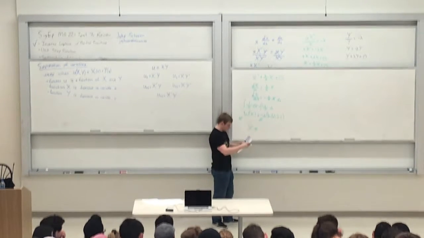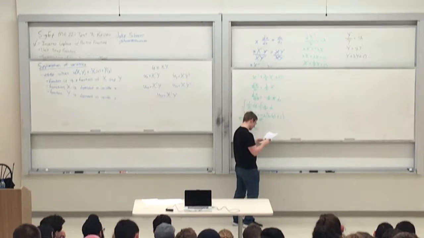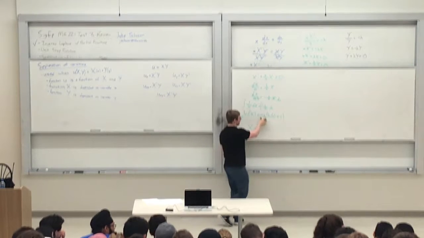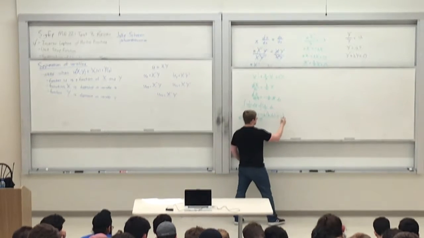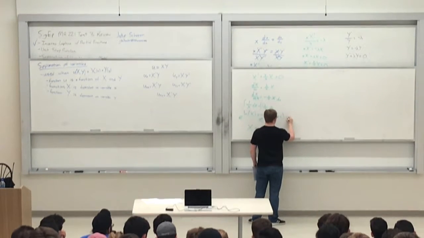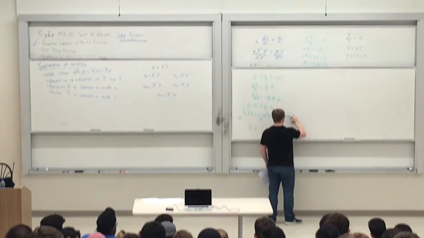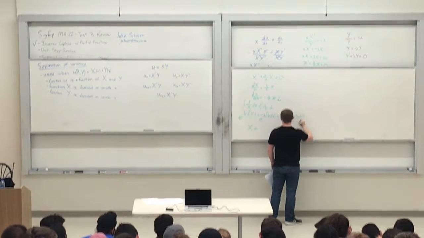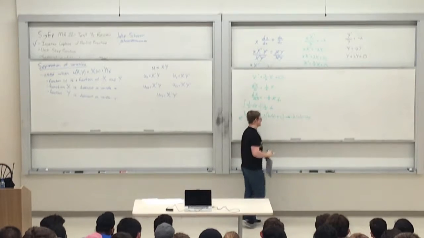So then for the right side, this exponent is the same thing as negative lambda ln of x minus lambda c.